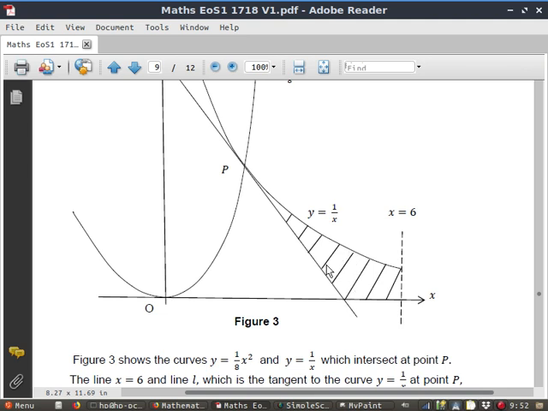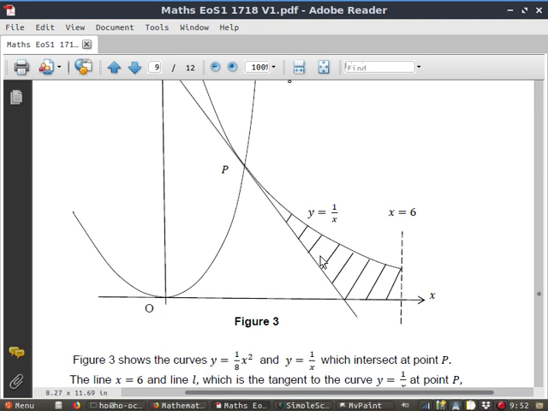Because the piece on the left is the area between 2 curves, the area between this one and this one. Do you remember? That's integrate f minus g. Whereas this piece here is just the simple area under the curve.